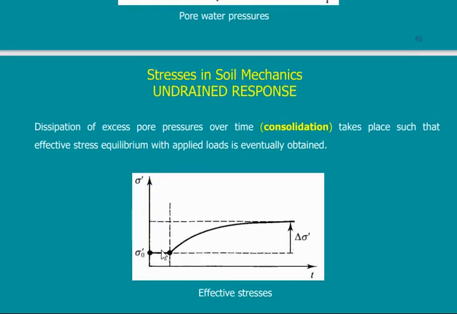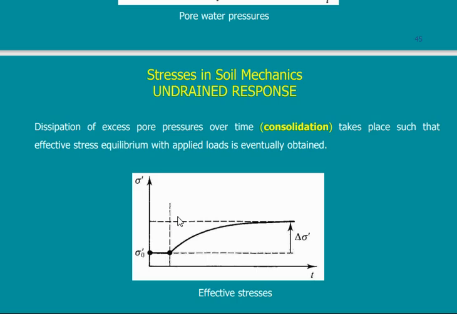You will end up having this chart. At the beginning it is constant, then the effective stress starts to increase. Can anybody tell me why the effective stress increases? Without going into details, why in this test does the effective stress increase? What is the meaning of the effective stress increasing?